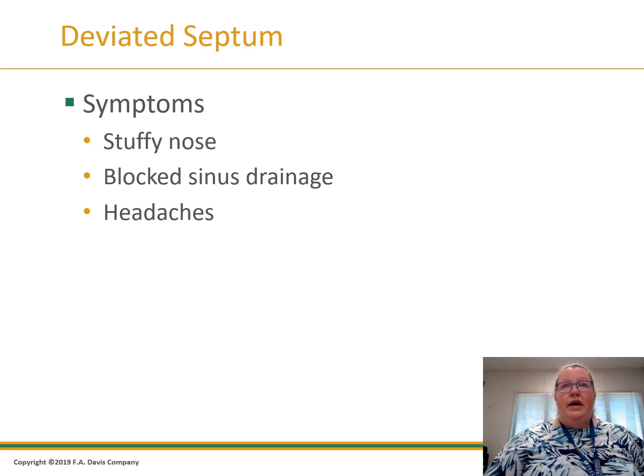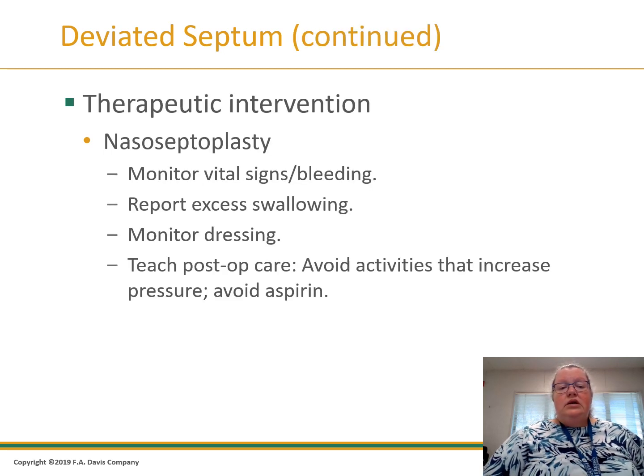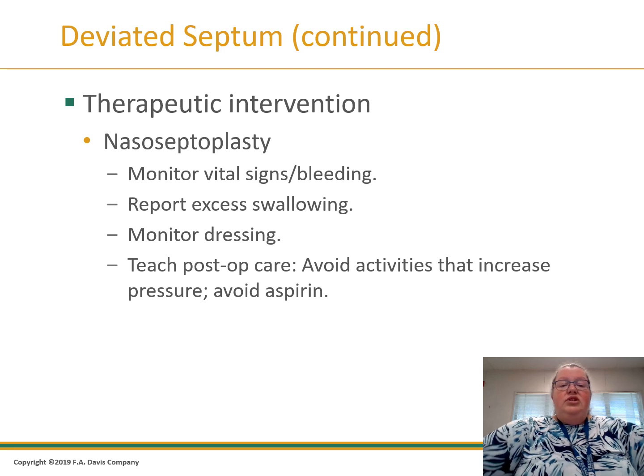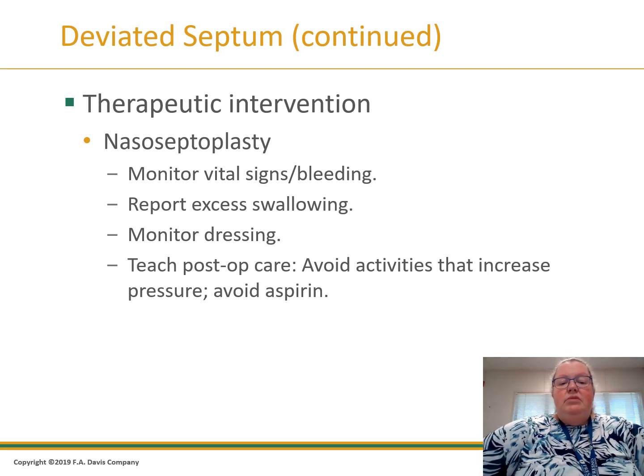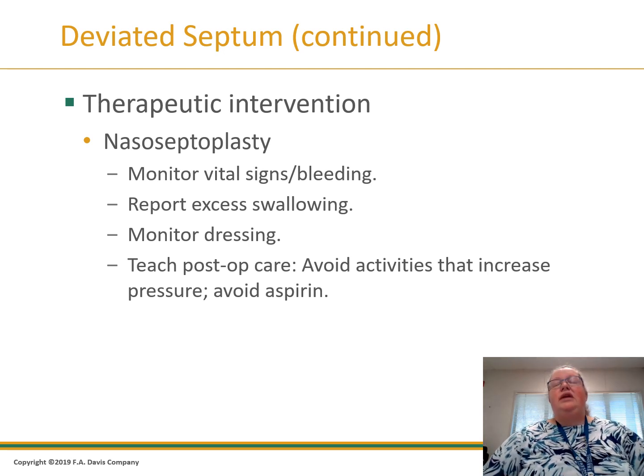It blocks the airway. It causes snoring, stuffy nose, blocked sinus drainage, and headaches. Our therapeutic interventions for a deviated septum are to monitor vital signs and bleeding, report excessive swallowing, monitor dressings, teach post-op care, and avoid activities that increase pressure and avoid aspirin.